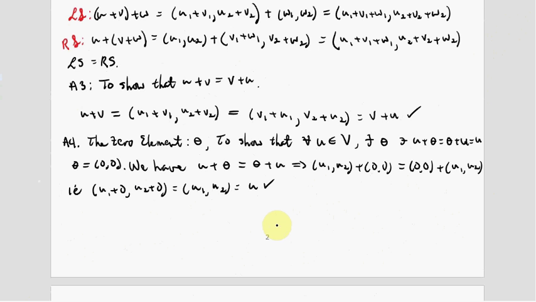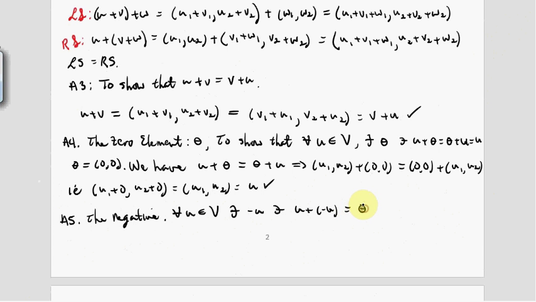For the so-called negative, A5. Here we say that for all u that's in the space, if the space is to be a vector space, there has to exist a negative translation of u such that u plus negative u is equal to that 0 element.